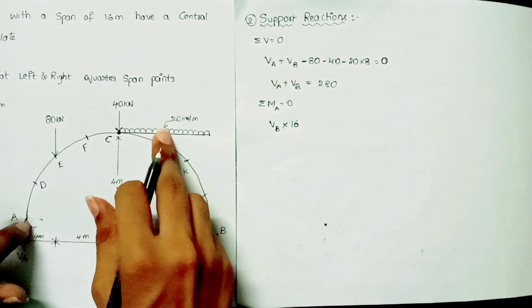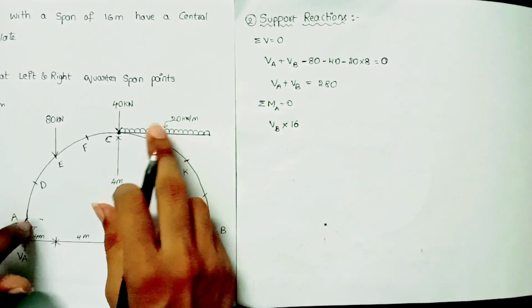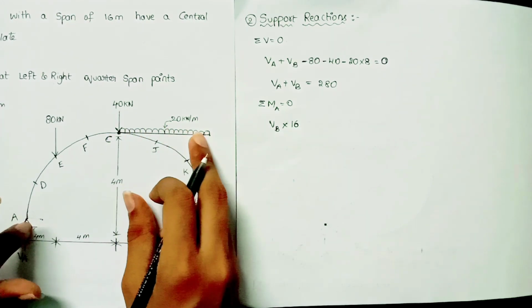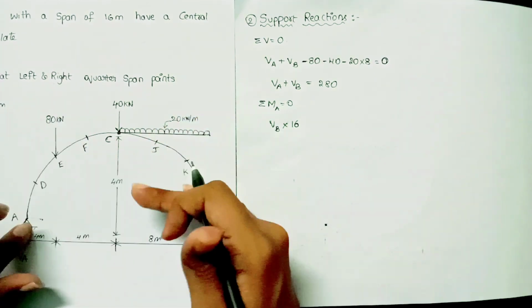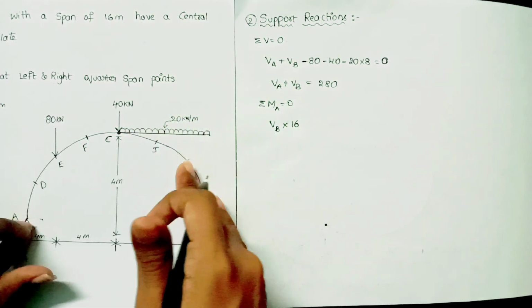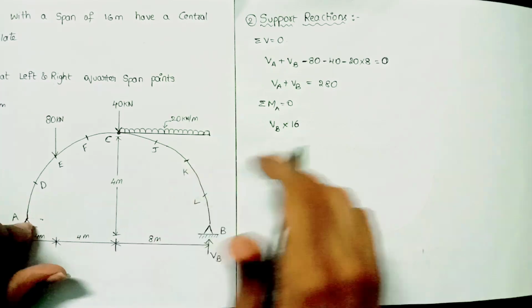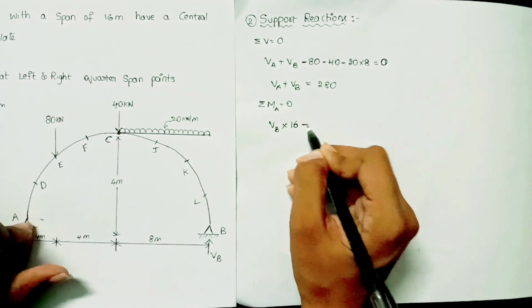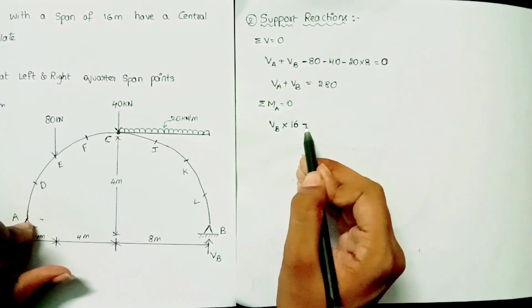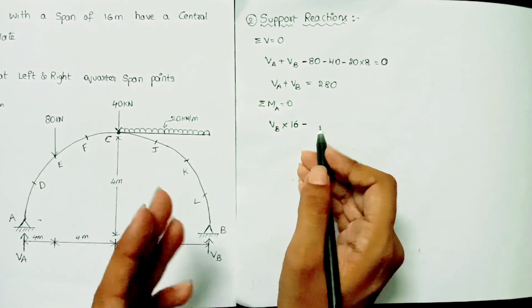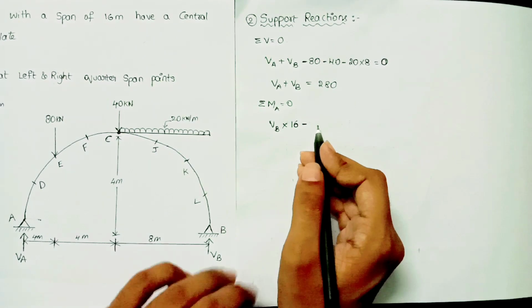Now we have to take the moment for this UDL. This load is making the arch move in downward direction, that means hogging moment, so it is minus. Moment is the product of force into perpendicular distance.